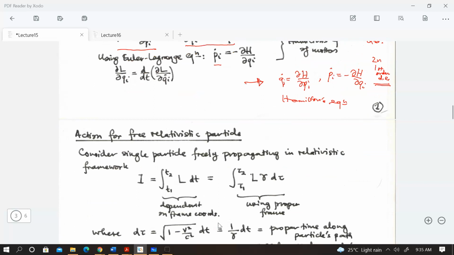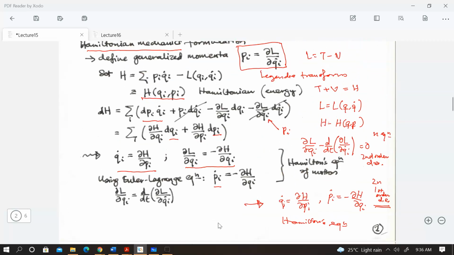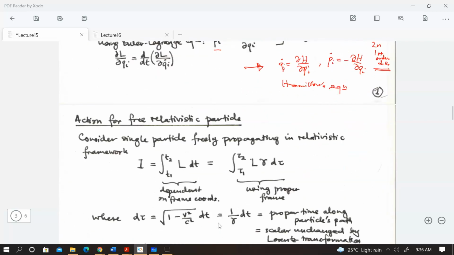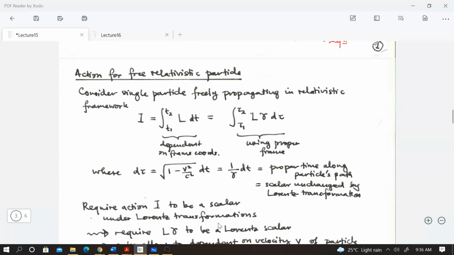So now the things that we have discussed here are supposed to be something that you have seen before in your classical mechanics or variational calculus. Now the point of doing this is for the case of a relativistic particle. As we have seen earlier, your action is an integral of your Lagrangian over time.